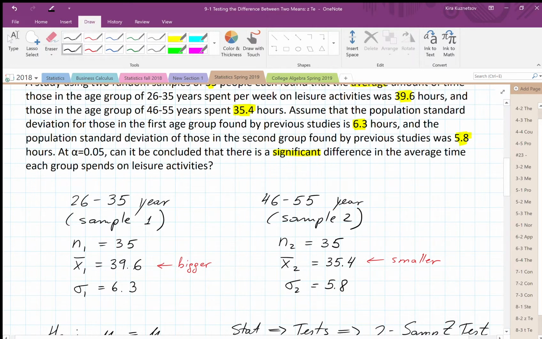Now notice, if you just ran this example on the calculator, a lot of the things should already be in your calculator, because it uses the same memory space. This is why it's under the same button, stats. X bar 2 is 35.4. n sub 2 is 35. And the confidence level that we're interested in is 95%. I will calculate.